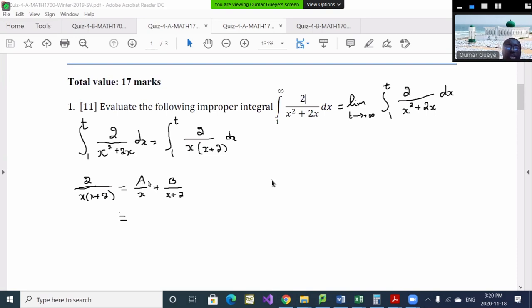To find A and B, we calculate the common denominator: A times x plus 2, close the brackets, plus Bx, over the product of the two denominators, which is x times x plus 2.